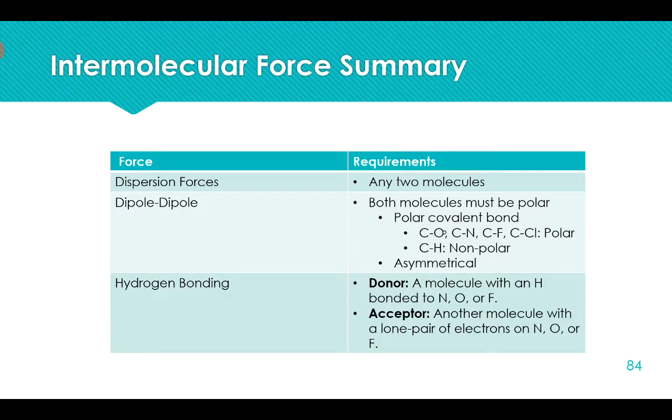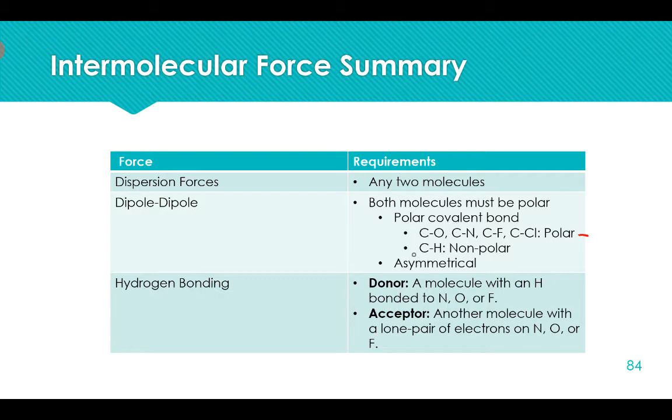Carbon and oxygen, carbon and nitrogen, carbon and fluorine, and carbon and chlorine all have polar covalent bonds. Then carbon and hydrogen has a non-polar covalent bond. So if you have only carbon and hydrogen in your molecule, you're going to be a non-polar molecule.